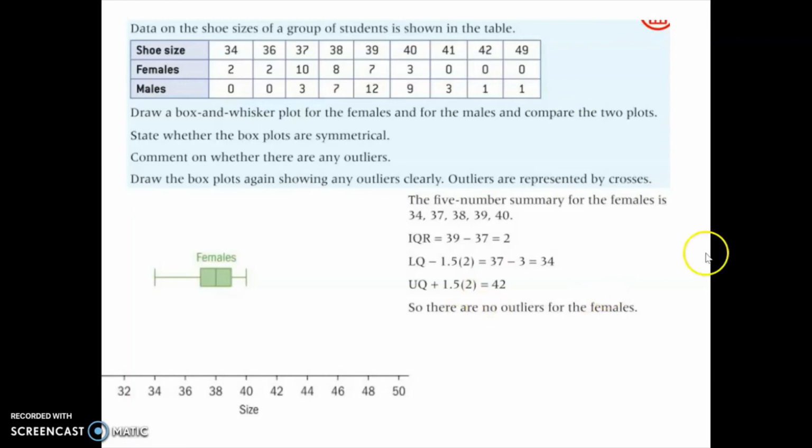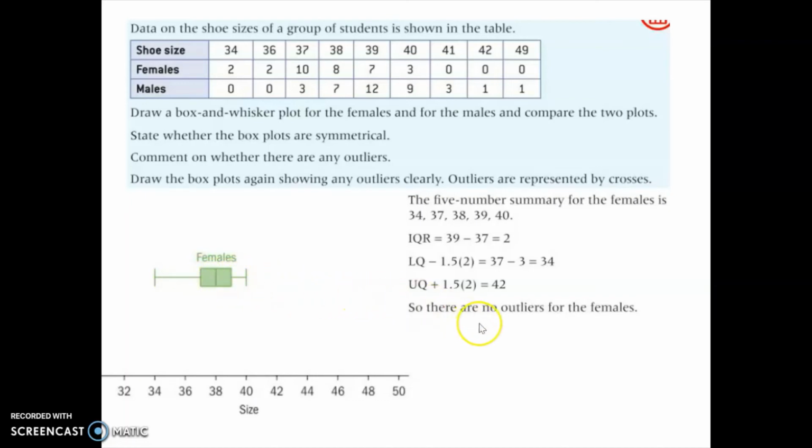In that case, our borders are 34 and 42, and there are no data values that fall below or above that for females, so there are no outliers. Now repeat for males. Oh wait, before that, notice we've created the box plot. We have our minimum value here, maximum, our Q1, Q2, Q3. There's a nice box plot.